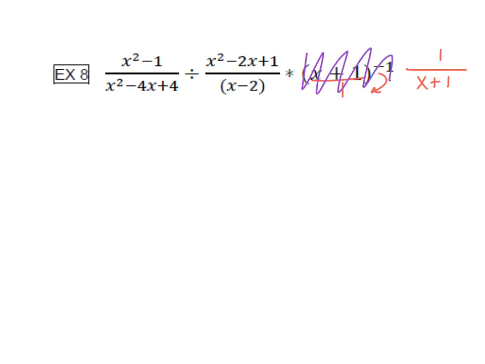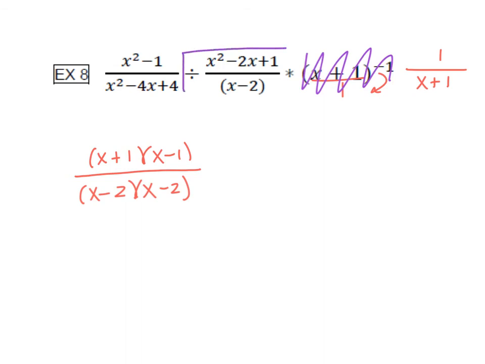All right, we're going to rewrite this problem with everything factored. So this x squared minus 1, that's a difference of squares pattern. That will factor into x plus 1, x minus 1, over. Here's a basic trinomial, we're looking for factors of 4 that add up to negative 4. So that's going to be x minus 2, x minus 2. Even though it's two x minus 2's, I don't want to put those together right now because I might cancel some of those out within the problem.